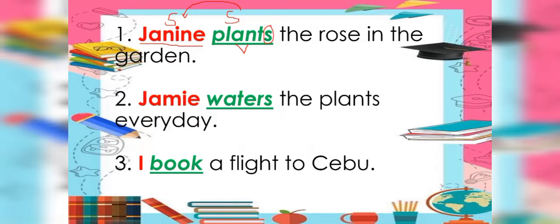Let us now move to the second example. Jamie waters the plants every day. Jamie is our subject or the noun. And Jamie is singular. The verb we use is the word waters.